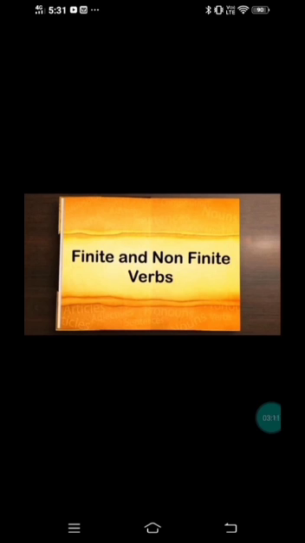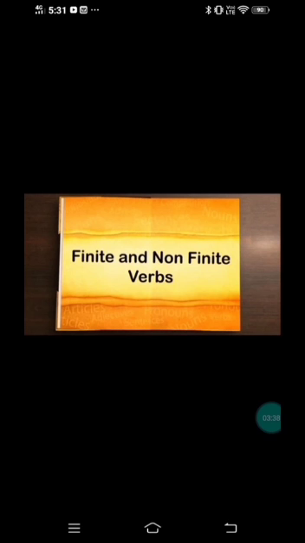Number means singular, plural. And it changes according to the tense. Tense means present, past, future, perfect or continuous tenses. So the verb changes according to the person, the number, and the tense. When the verb changes according to these, then it is called a finite verb.